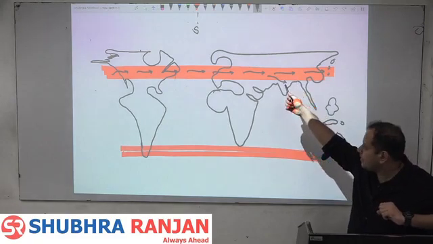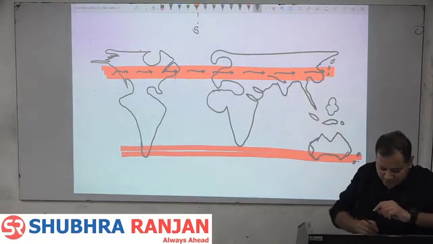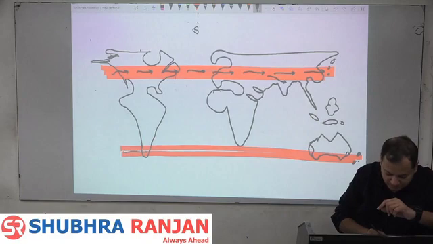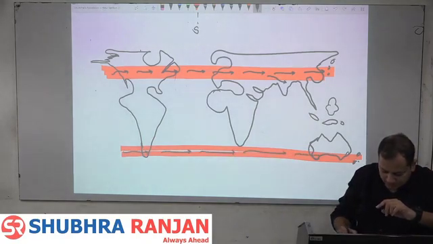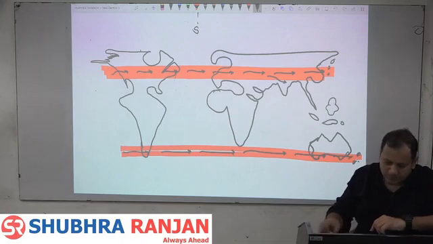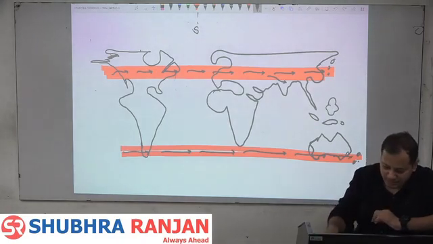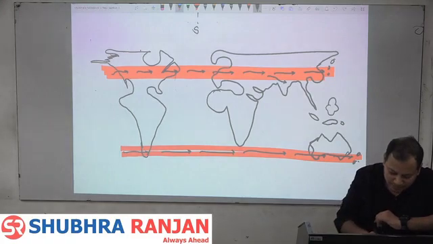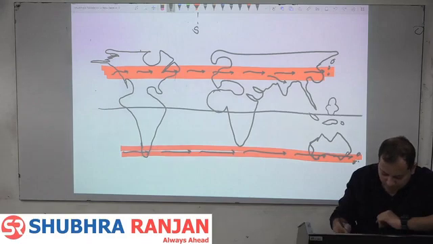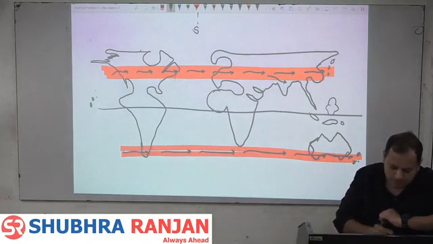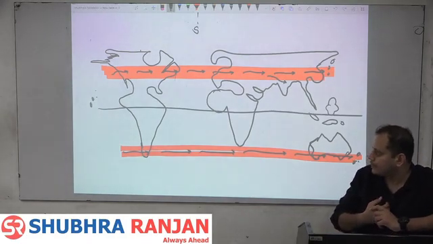So what is happening? There is a bifurcation. So what are these lines? These are the lines of the temperate cyclone. Equator.